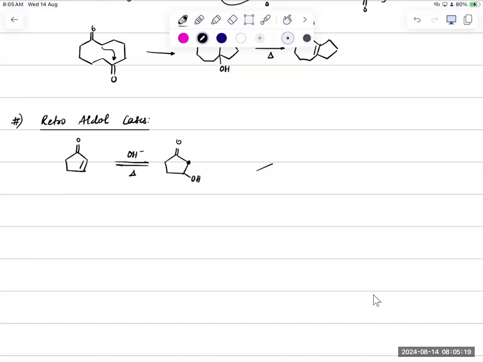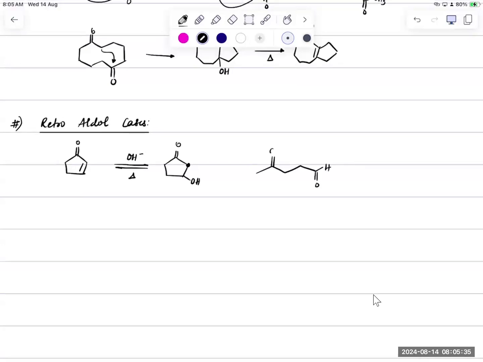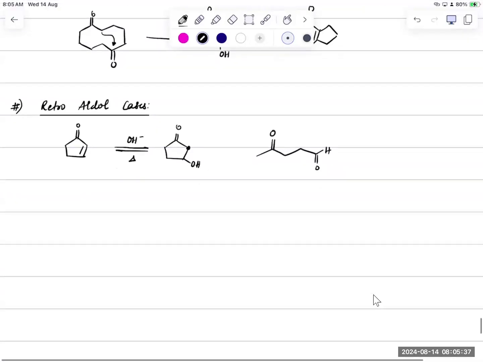So here we have 1, 2, 3, 4, 5. At one end we have a double bond O on which the attack has happened. The other end we had a double bond OH. That's how the attack has happened here. So this is on the retro side.